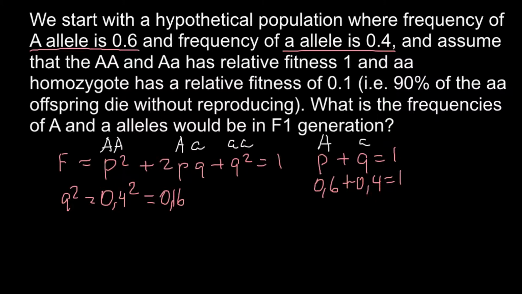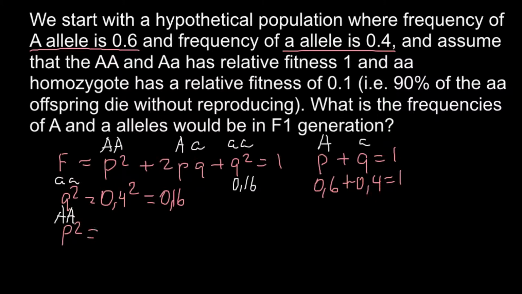This is the frequency of the homozygous recessive genotype, 0.16. Now we can also find p squared, or homozygous dominant. So this is homozygous recessive, and this is homozygous dominant.